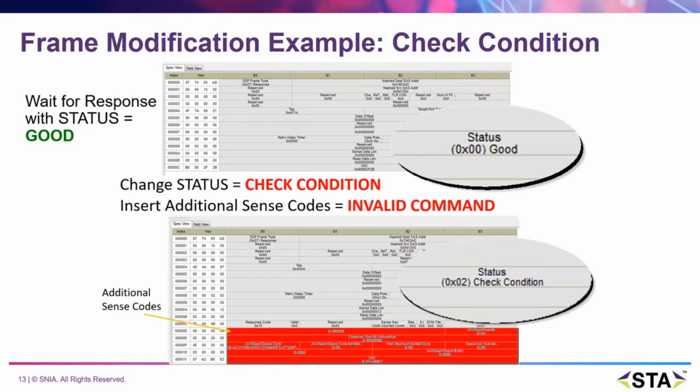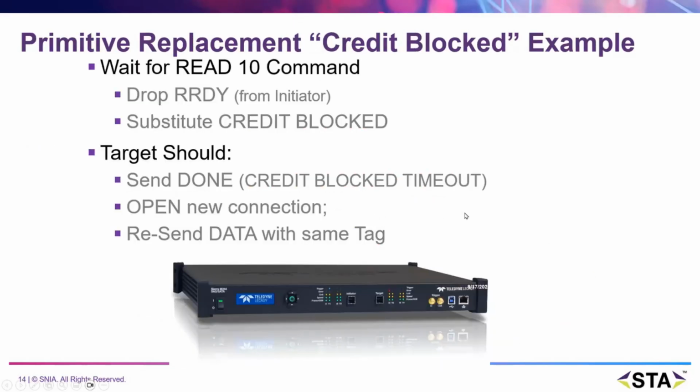This kind of targeted fault injection is essential for validating how initiators interpret and respond to detailed sense data. It helps to ensure that error recovery logic, logging mechanisms, and diagnostics tools behave correctly under edge conditions. This technique is especially valuable in conformance testing and debugging complex SAS environments.